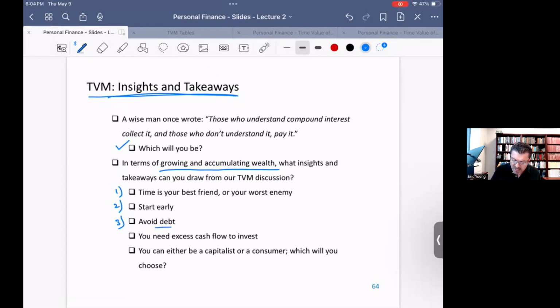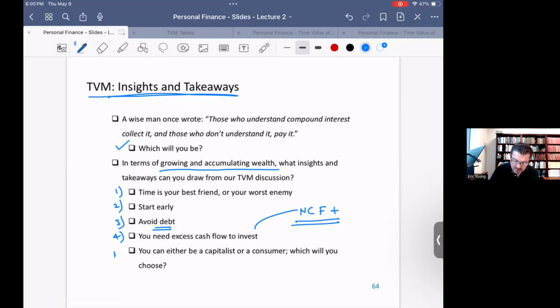But if you borrow money, the same forces that worked in your favor when you own the money will really hurt you when you borrow it. So avoid debt. Once again, we know that you want to invest over time, and this requires net cash flow positive. You have to live below your means. You have to spend less than you earn to generate NCF positive to make all this stuff from today work.